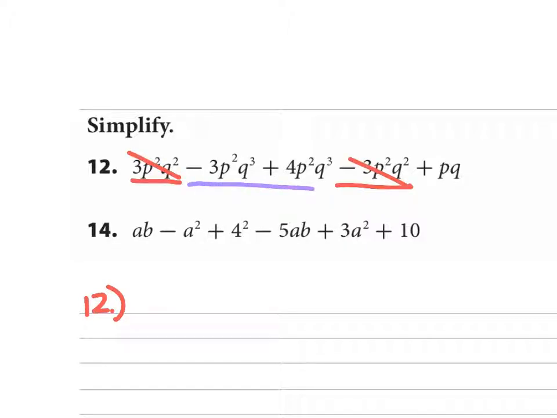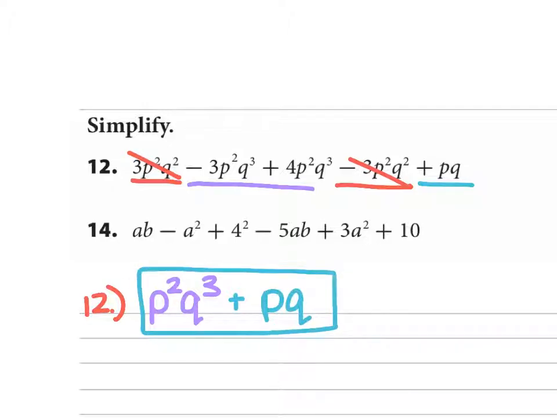Then you have another set of like terms, which is the negative 3p squared q to the 3rd power plus 4p squared q to the 3rd power, which is going to give us a positive p squared q to the 3rd power. And then lastly, we have that p times q, which is just plus pq.